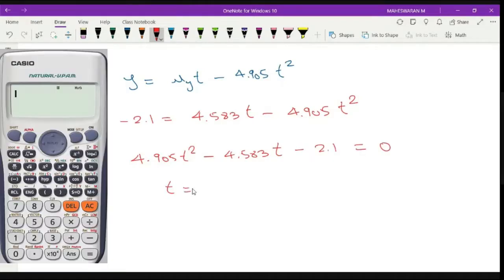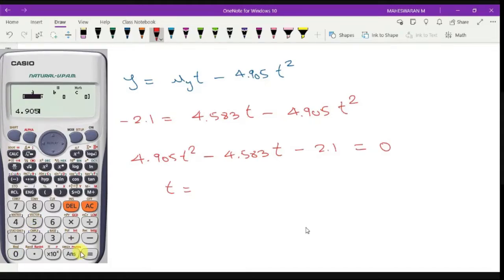What is the value of t? You can use your calculator to identify this value.